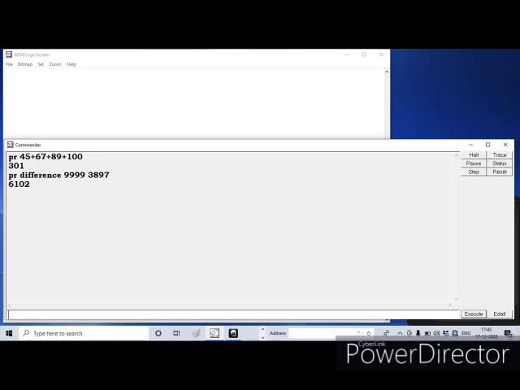The result is 6102. So you have to write the print command, that is print difference 9999 space 3897 in your textbook.